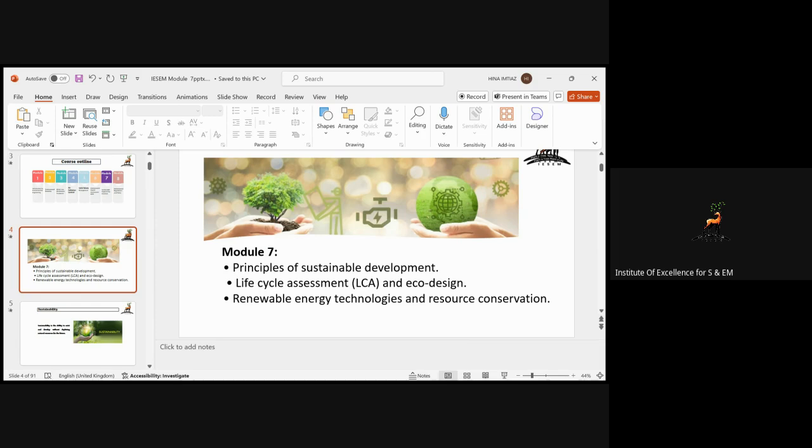The last subtopic will be renewable energy technologies and resource conservation. So this is today's agenda, and we will learn overall about sustainable practices, that is, how can we improve the environment according to today's situation, not only for us but also for the next generation.